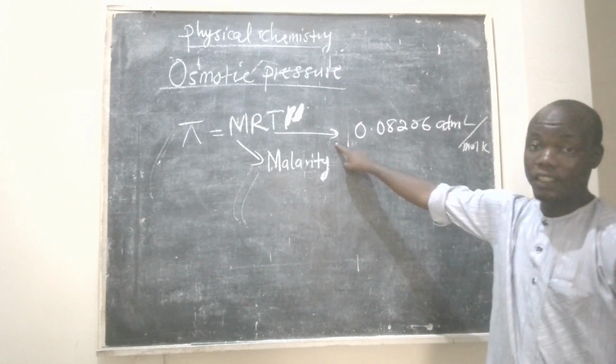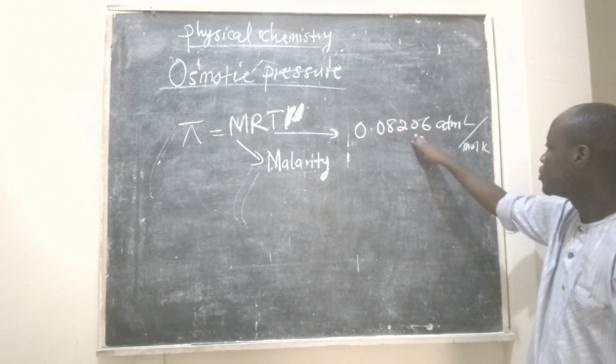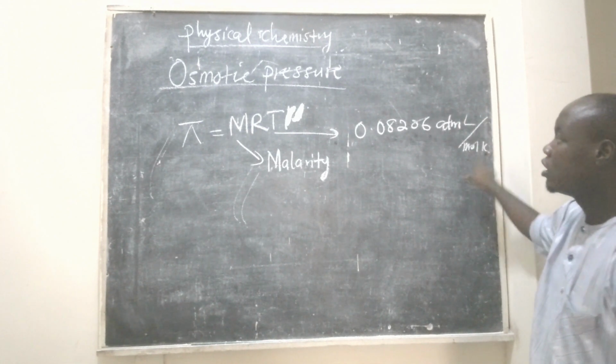So it's a constant, 0.08206 atm liter per mole per Kelvin.